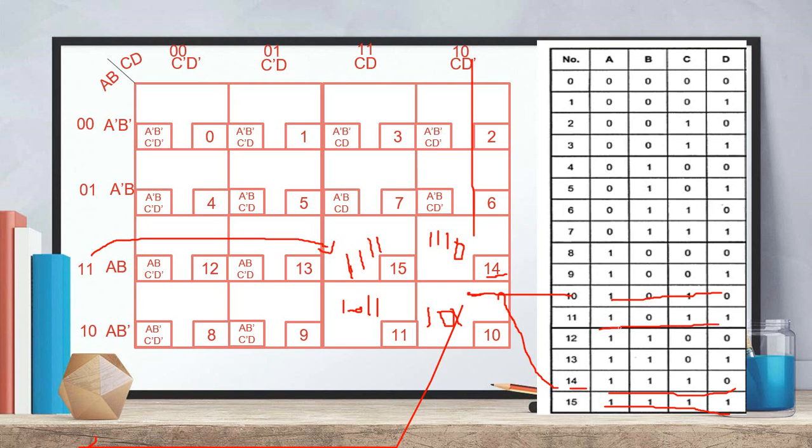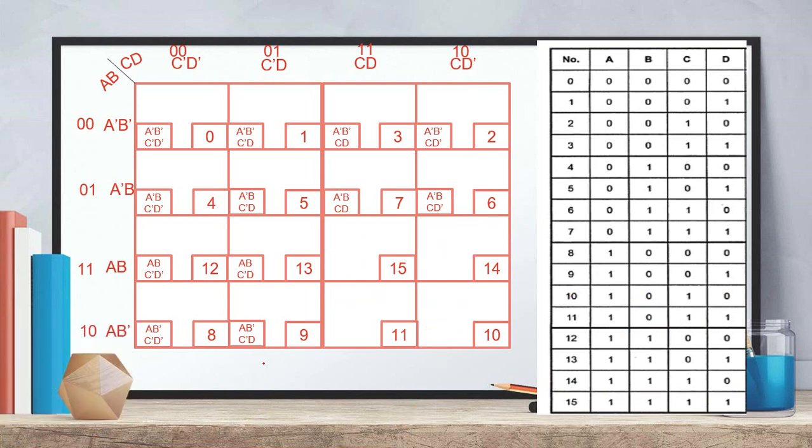This way we can make a KMAP representation with respect to the truth table. From this very important version, once you check this one, first it is 0, 1, then 3, 2. Same way 4, 5, 6 is here, then 7. Then usually we think 8 comes next. No, 8 is coming in the last row: 8, 9, again it is 10, 11.